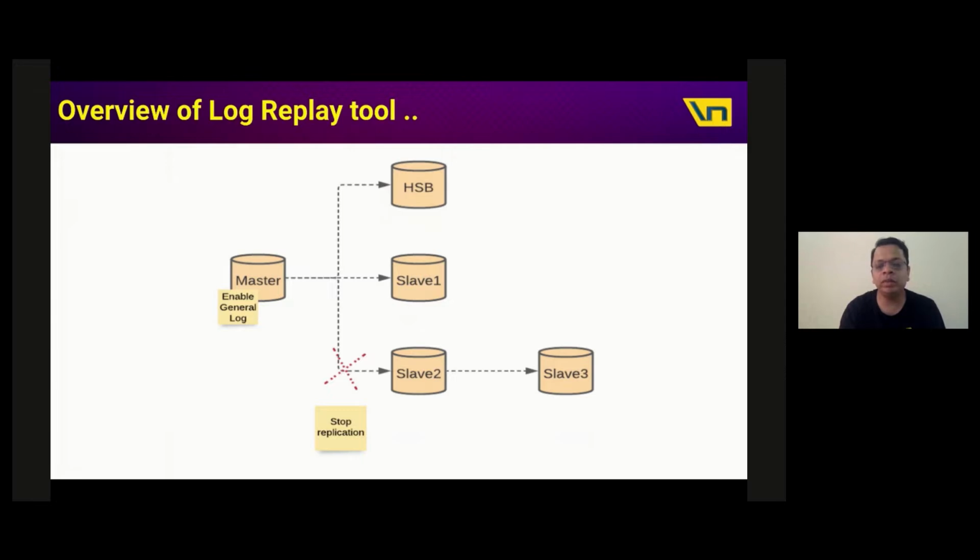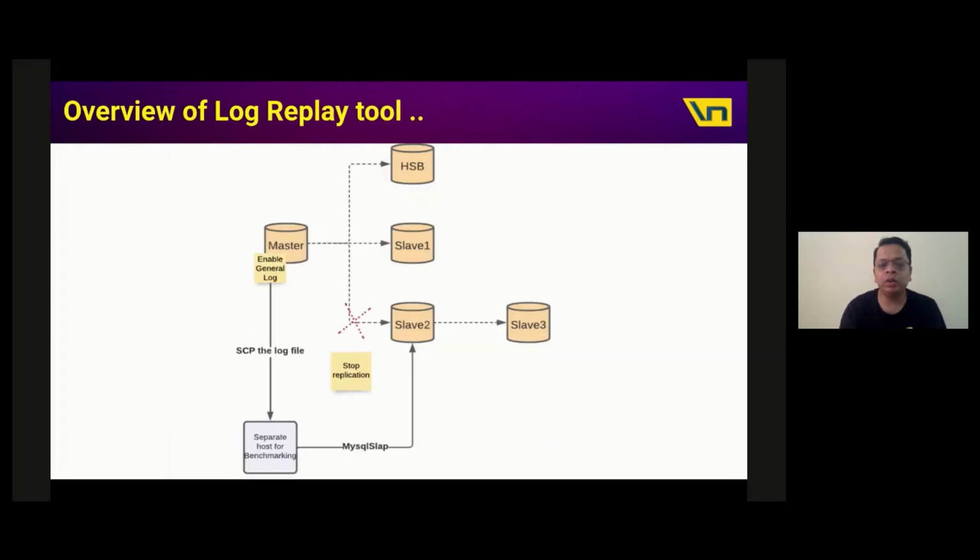Because when we rerun these general logs on this slave machine, we will not have so many errors saying that these entities are already in a particular state, and so on. That is why we stop the replication and enable the general log. After that, we SCP this general log file to a separate host, and from there we use a tool called MySQL Slap to rerun these general logs from this host to slave 2.